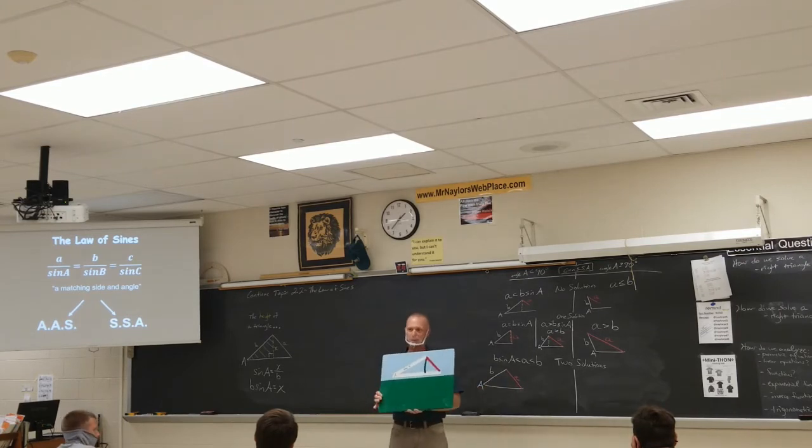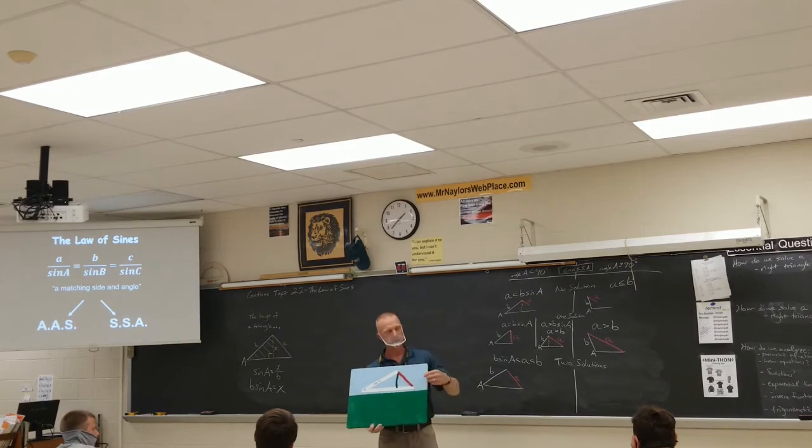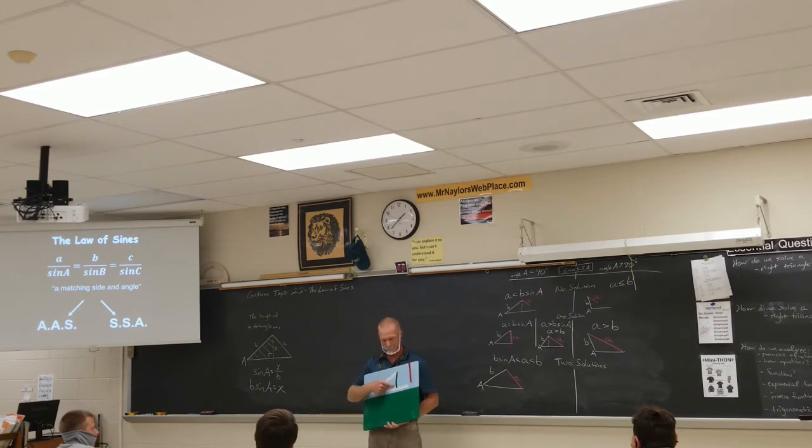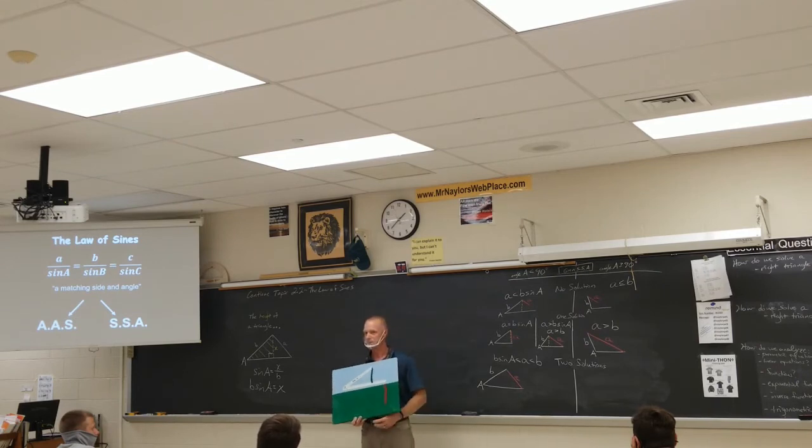So can you tell the rest of the story? How else can you place side A onto this felt board? And mind you, angle A will not change, side B will not change, the height will not change. Yet you'll get a whole different triangle if you put side A in a new place. Can you tell the rest of the story?